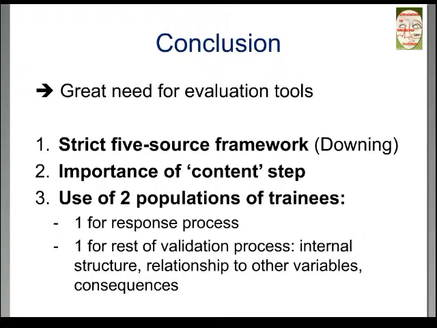Validation of an assessment scale requires using two types of participant populations, and this should be clearly anticipated. One population of proficient participants for adjustments of the scale during the response process step, and one mixed population, novices and experienced participants, for the other steps of the validation process of the scale.